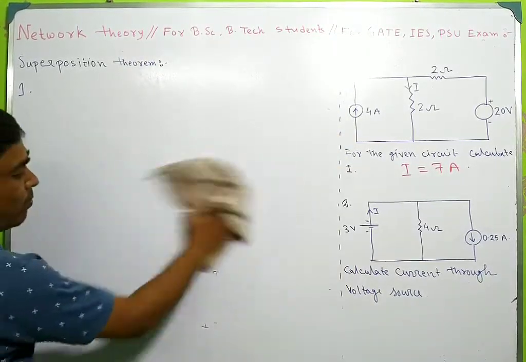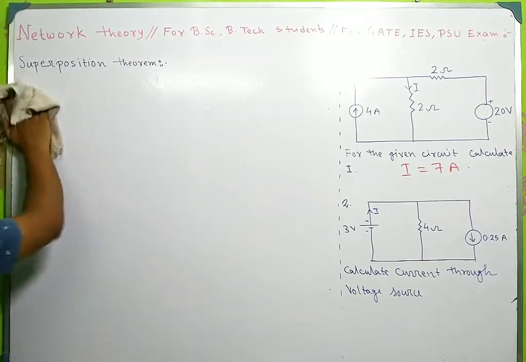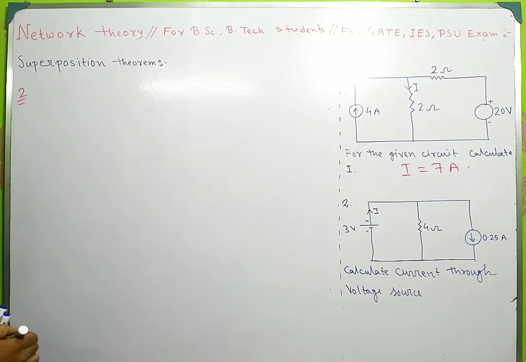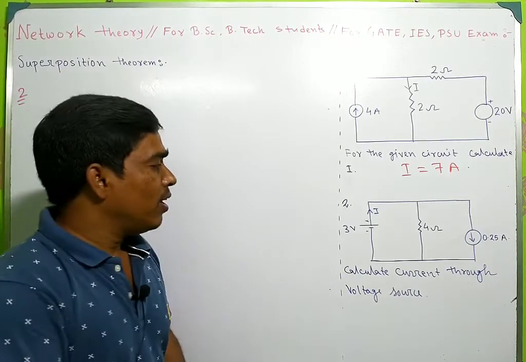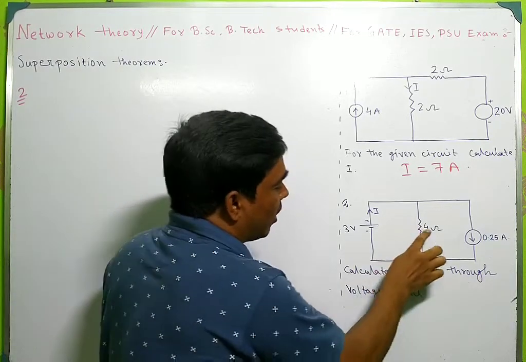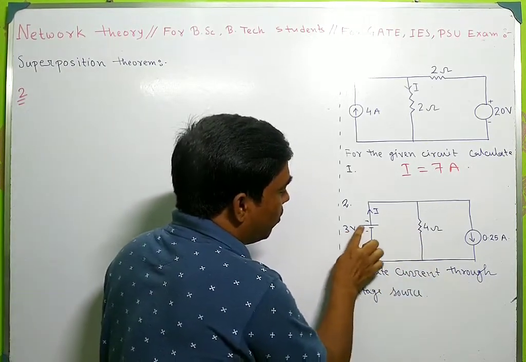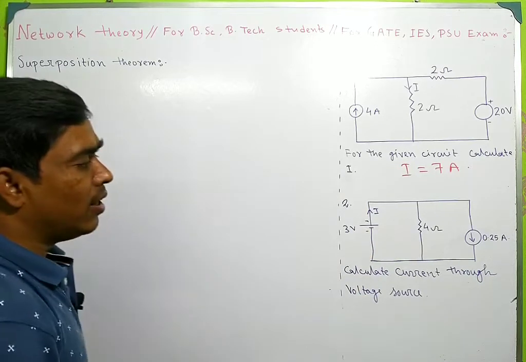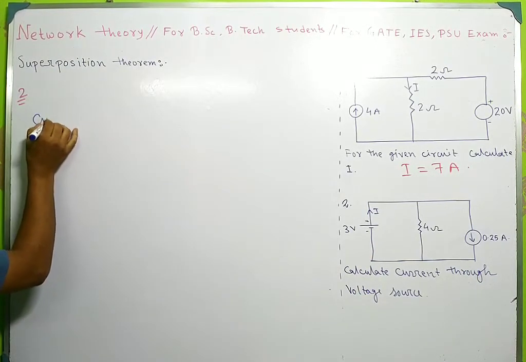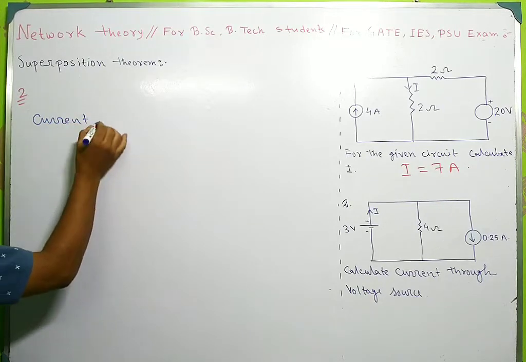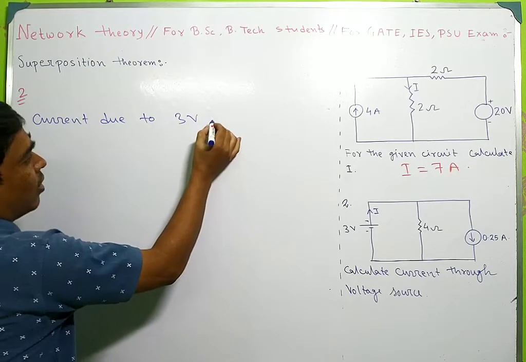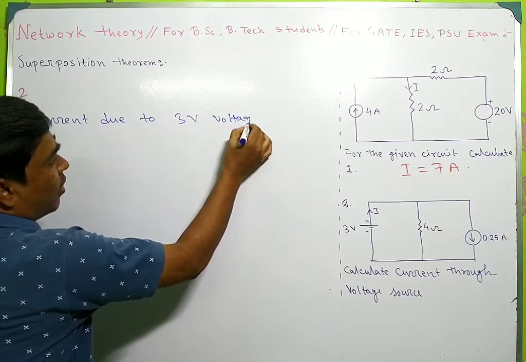Now second problem. Here you see, you have to calculate the current due to this 3 volt voltage source.